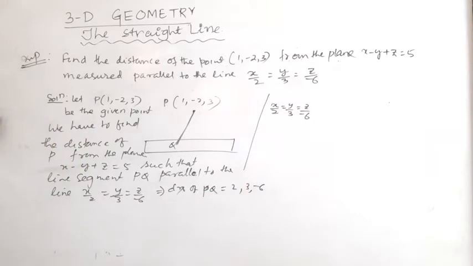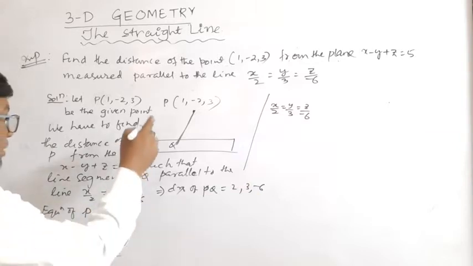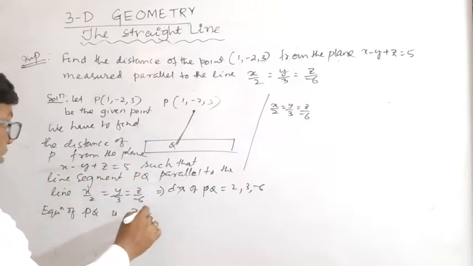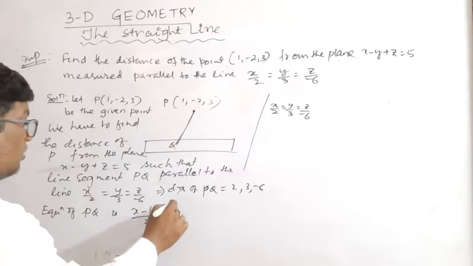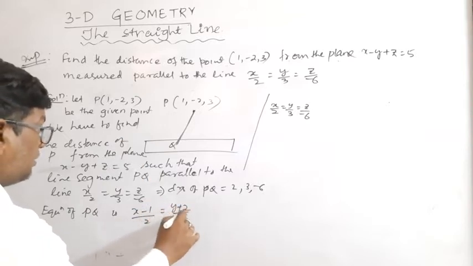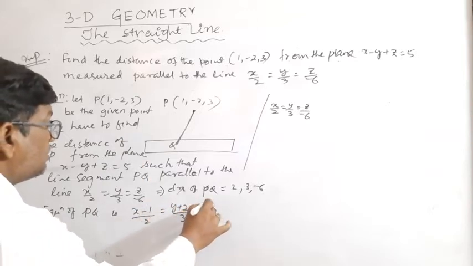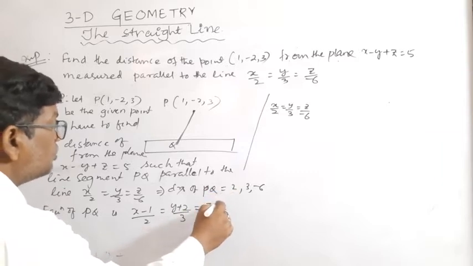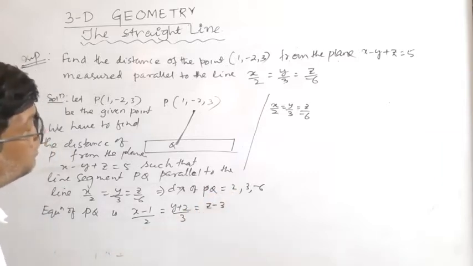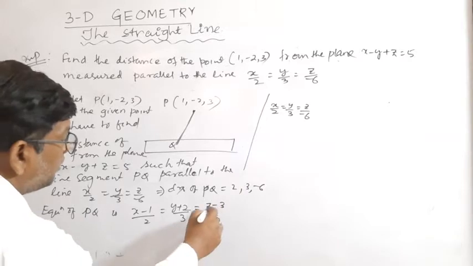Now, equation of PQ is x minus 1 by 2 is equal to y plus 2 by 3 is equal to z minus 3 by minus 6.